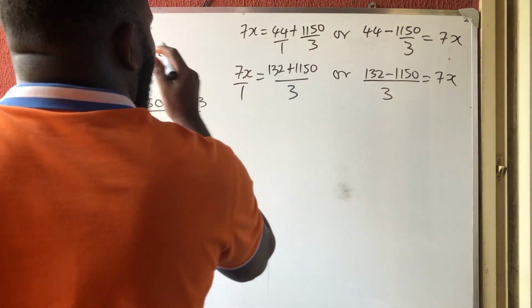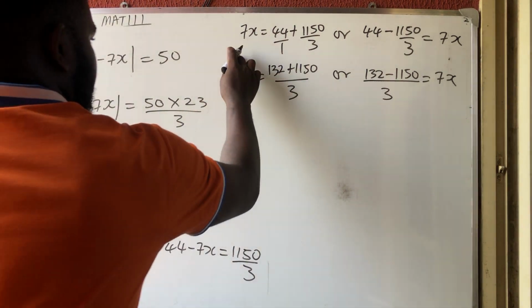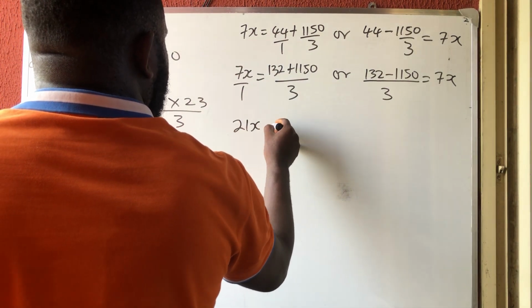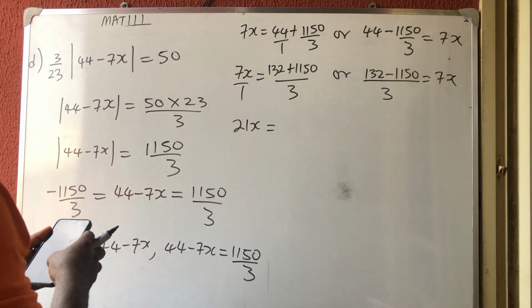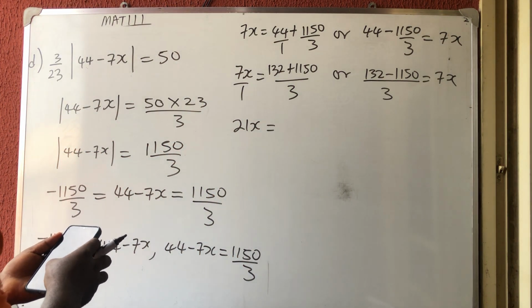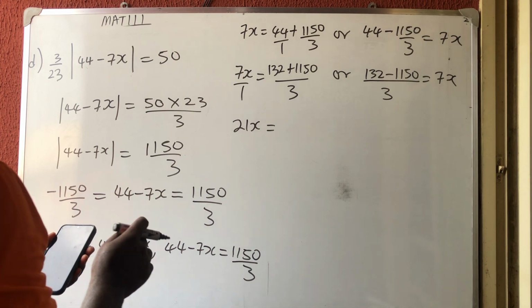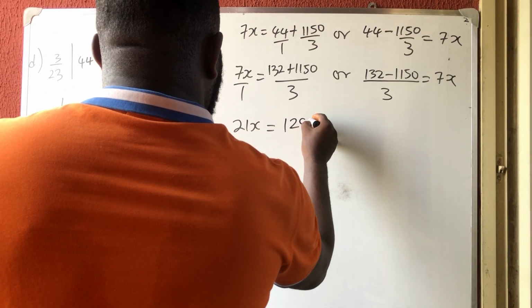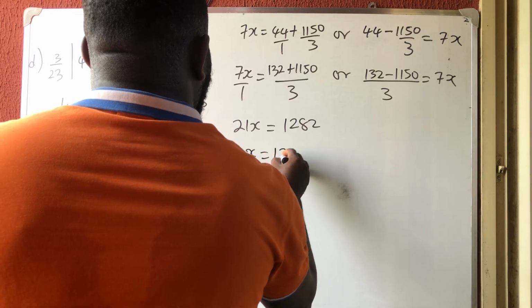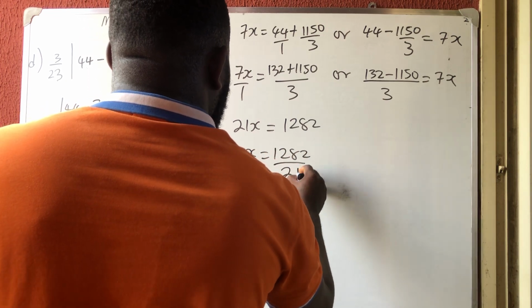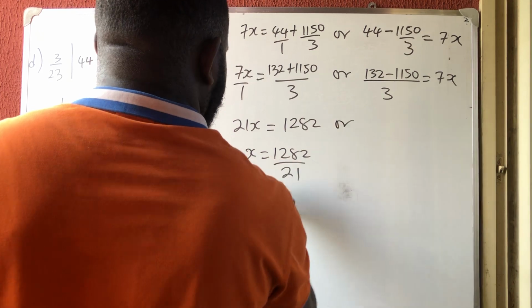So this can be over 1. Let us cross multiply. This time 21x is equal to, let me add, plus 1150. So I'm having 1282. So x is now 1282 divided by 21.